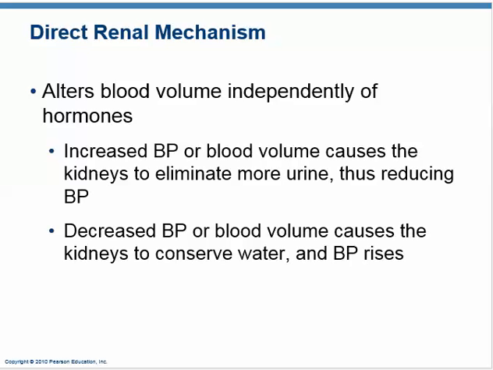If your blood pressure is low, then you have slower filtration at the kidneys, which means there's more time to reabsorb water at the kidneys, so you end up peeing less, and you have more blood volume, which then raises blood pressure.